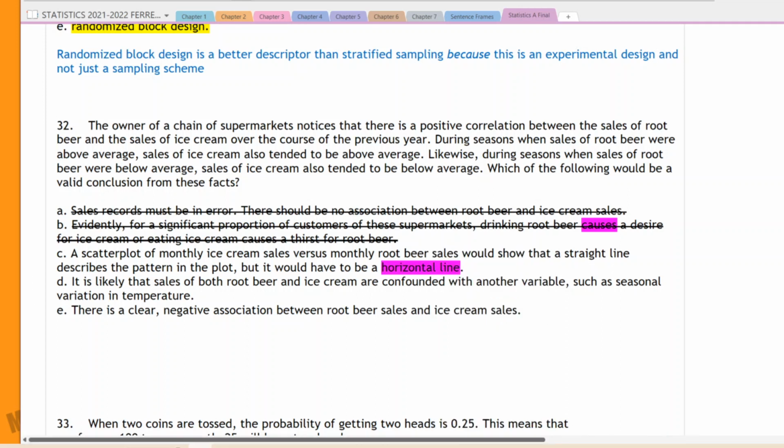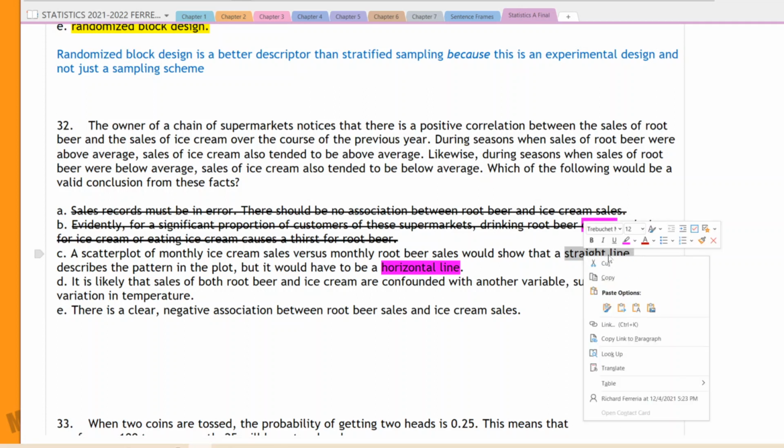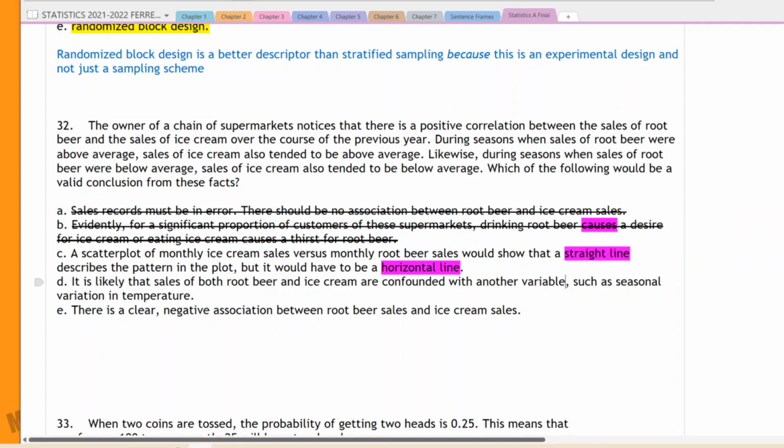Firstly, if the pattern is a horizontal line, that means there's no association between the two. We'll get more into that next semester. But there's no reason why it has to be a straight line that describes a pattern. There's nothing in here that says it would be a straight line. That is the best regression between these two. So I think that's wrong for a few reasons.